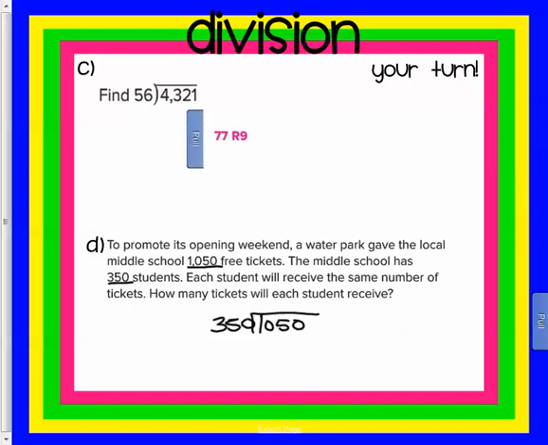On this one, my answer was 77 remaining 9. The way that I got that was I couldn't take 56 into 4 or 43, but it does go into 432 7 times. 7 times 6 is 42. 7 times 5 is 35, plus 4 is 39.